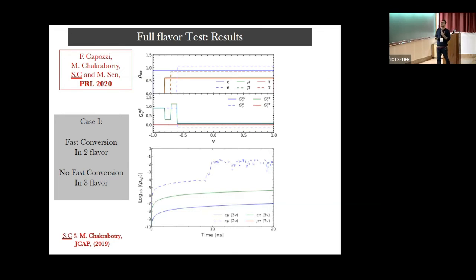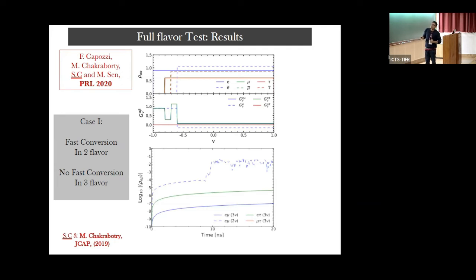So we took some toy examples, and we indeed found qualitative and quantitative differences from the two flavor scenario. As I already pointed out, the zero crossing of this angular spectra is what triggers this kind of instability. Here the blue dotted line is the angular spectra for a two flavor case, and it has indeed crossed zero.